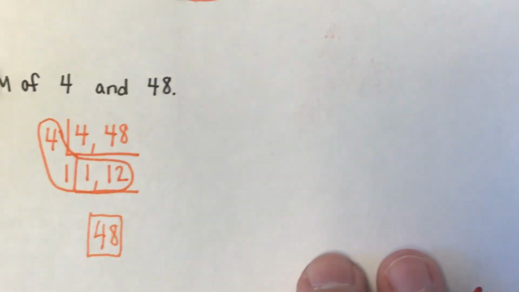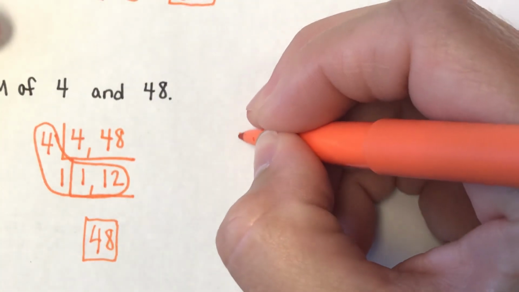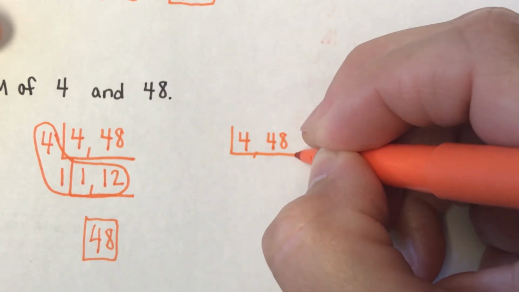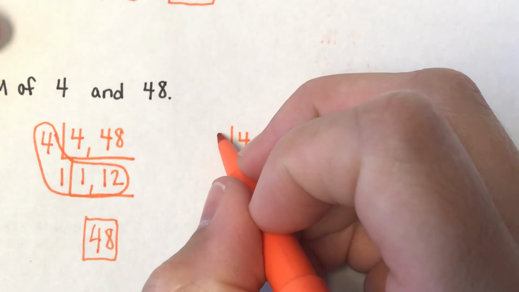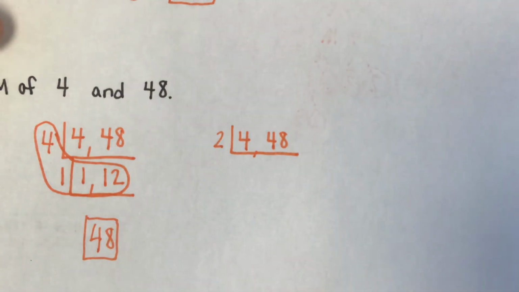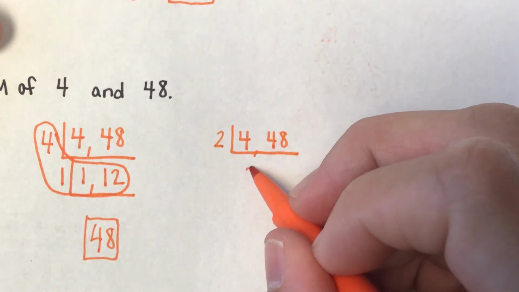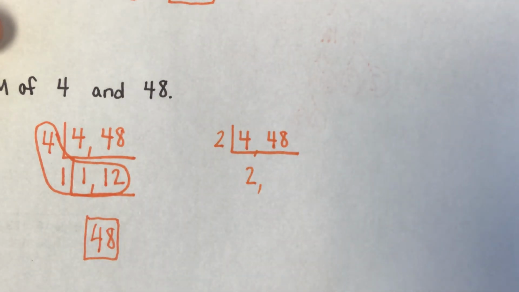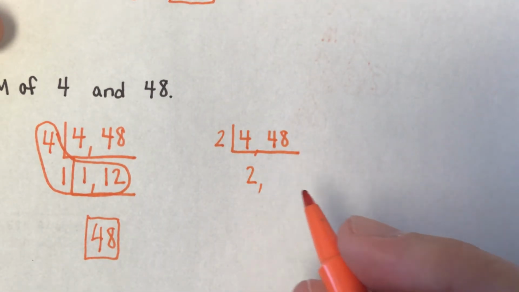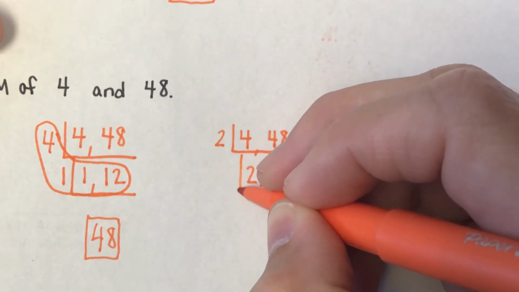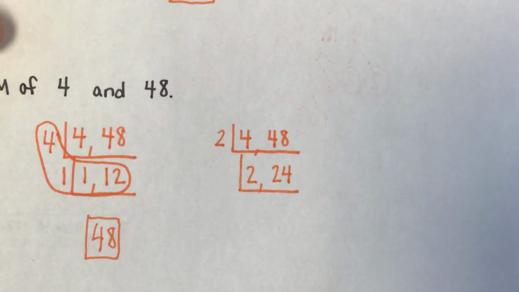I do want to show you that you could have started with a different number. With 4 and 48, some people might have wanted to do 2. 4 divided by 2 is 2, and 48 divided by 2 is 24. What goes into 2 and 24?